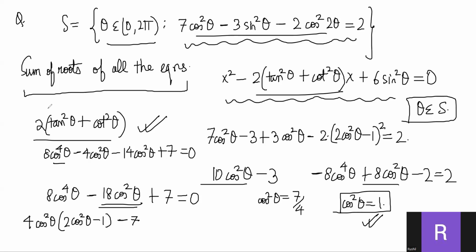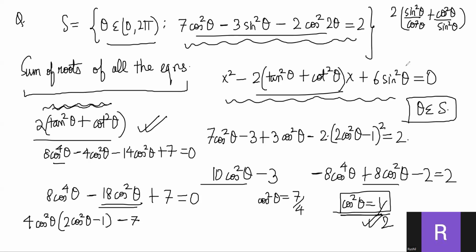Now for that, we need to find the value of this, which becomes 2 times sine square theta by cos square plus cos square by sine square.